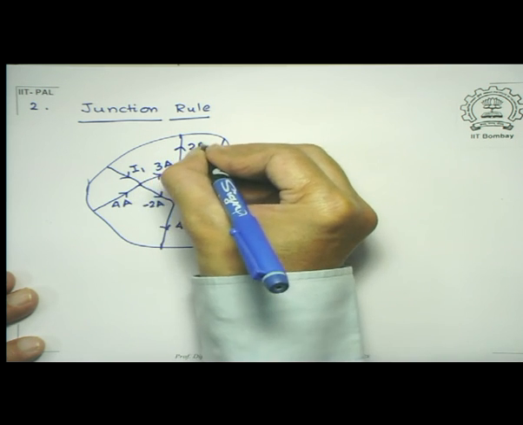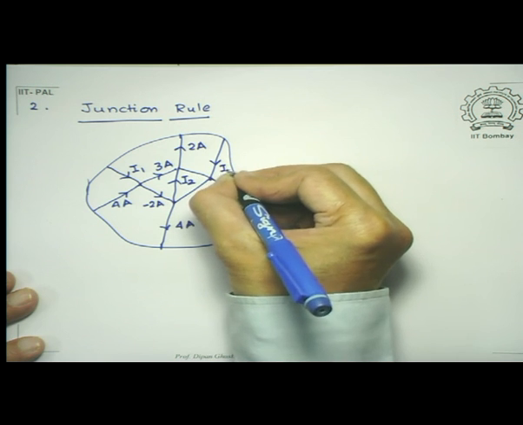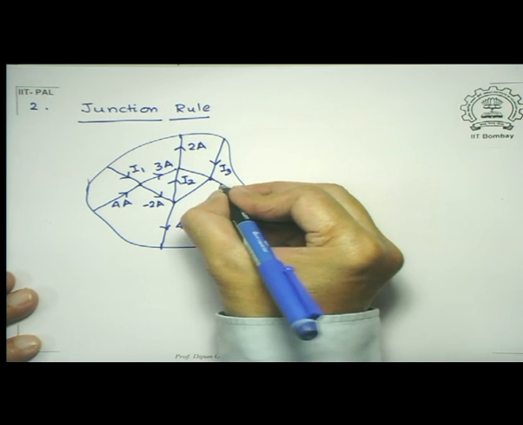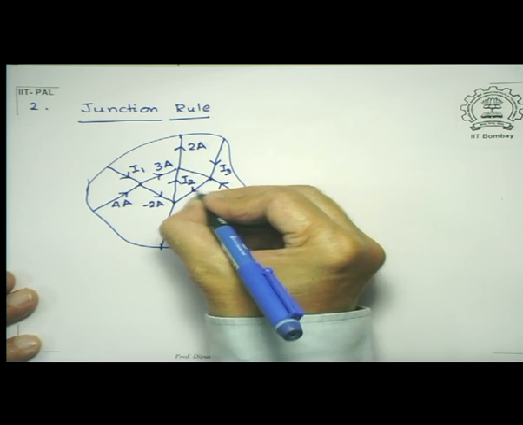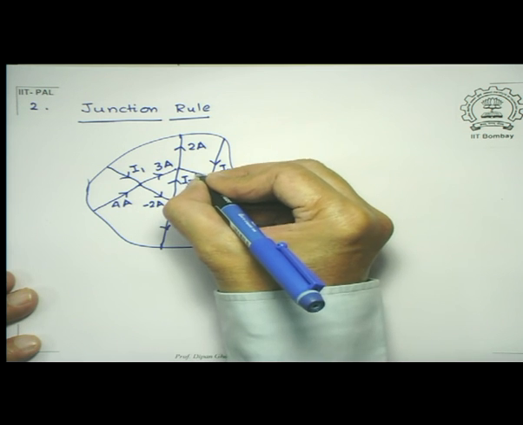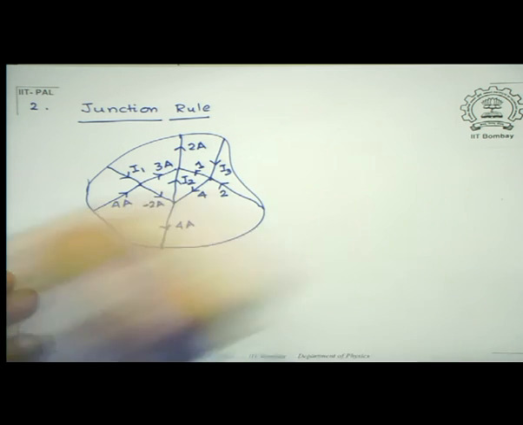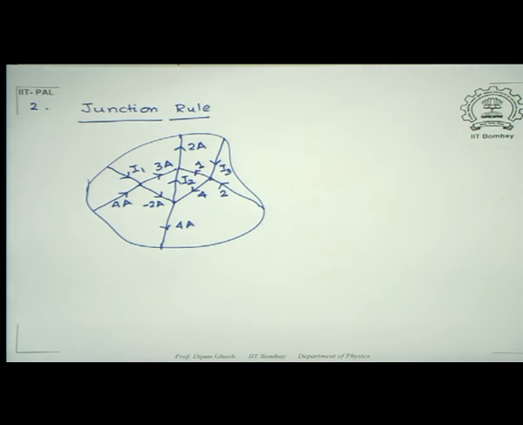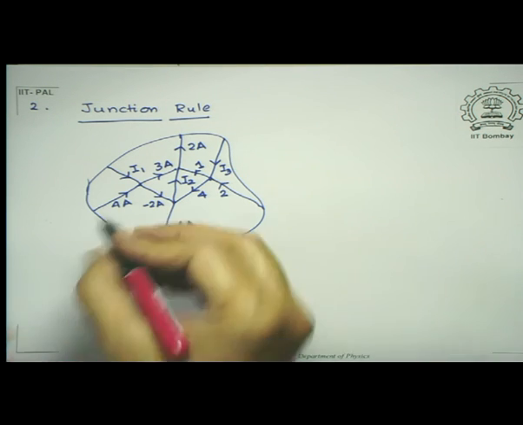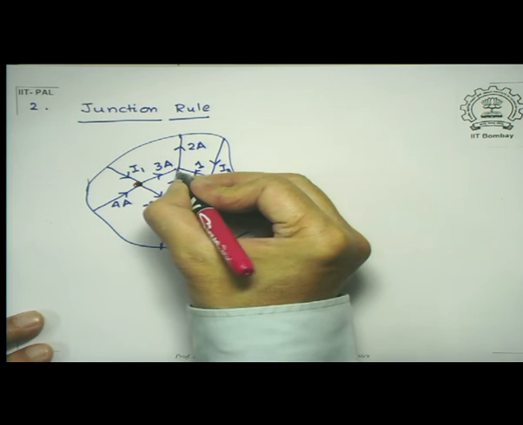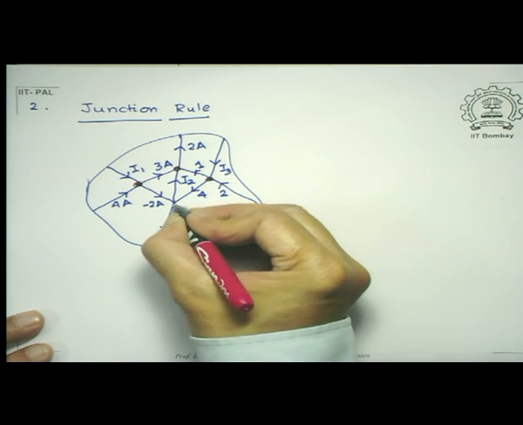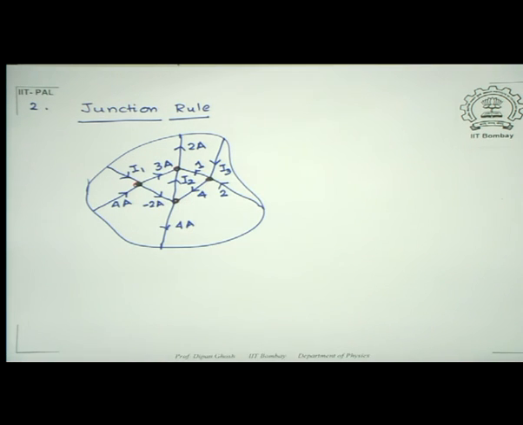This is 2 amperes. This is I3, let us say, and this is 2 amperes. So look at what I have done. I have several junctions in this circuit. So here is a junction, this is a junction, this is a junction, this is a junction. Any point which has 3 or more resistances or conductors going out, that is what it is.